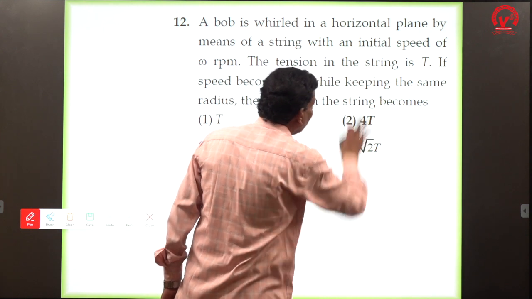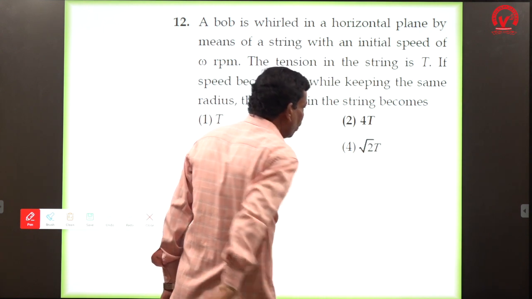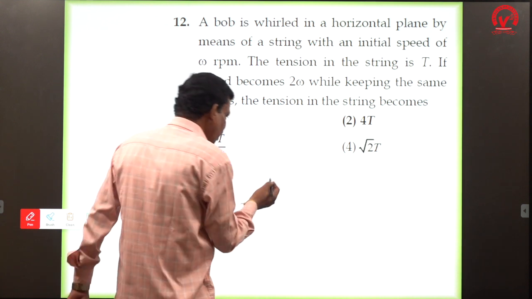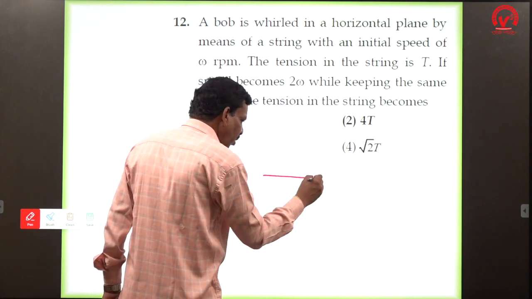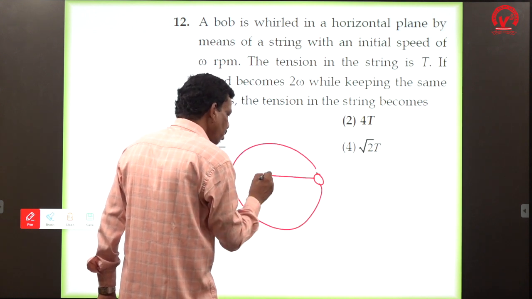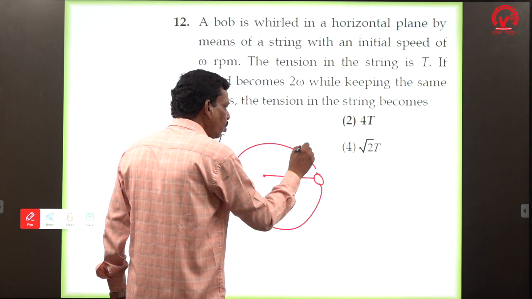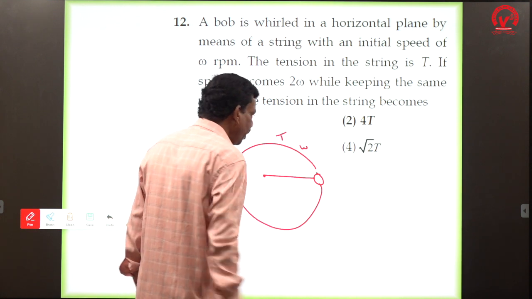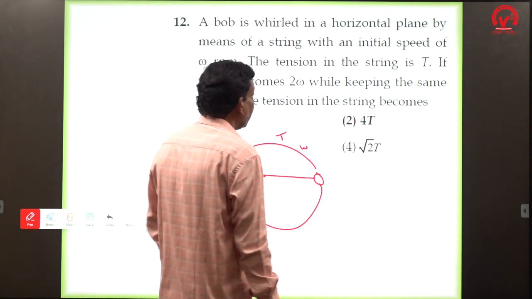The tension in the string is T. For example, it is circular motion. So omega and time period t is given.